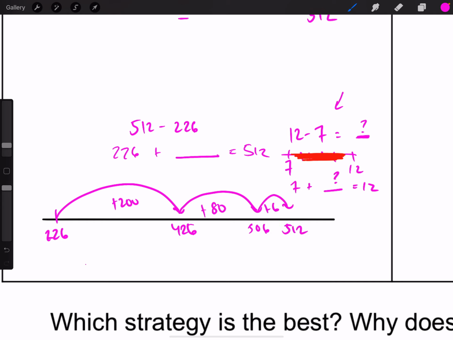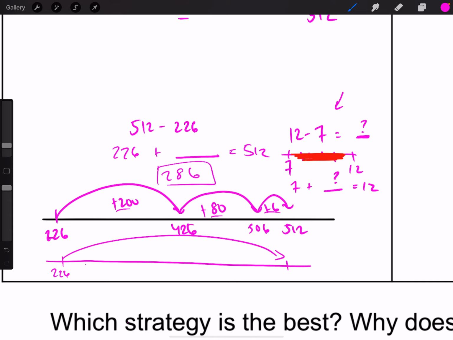So I jumped 200, 80, and then 6 more. I have to add up these jumps to see what the difference was. Like I said, I could have done this slightly differently. I could have jumped from 226 up to 300, to 526.